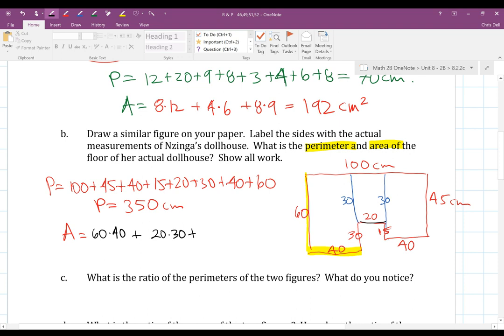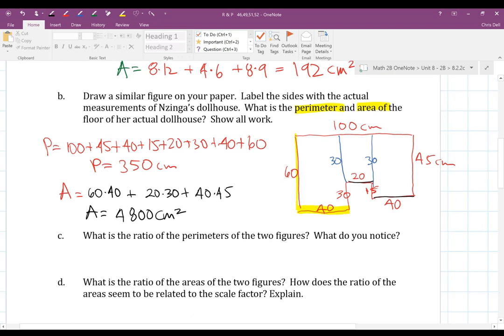And then I'm going to add that here to the 40 by 45. So if I add all those up, when I do my math here, my area should be 4,800 centimeters squared. Okay, so that's the actual dollhouse.